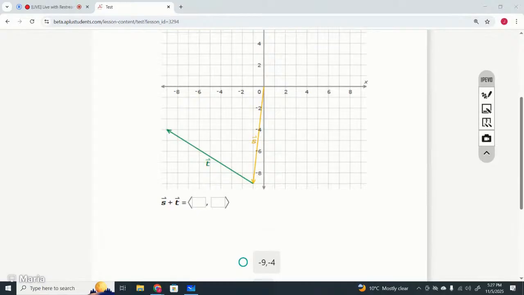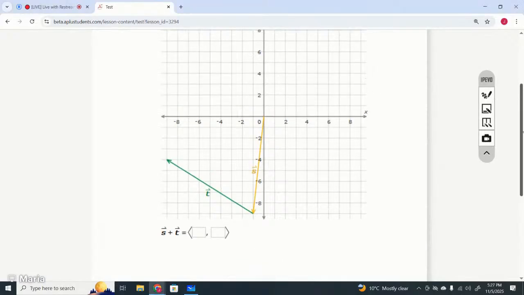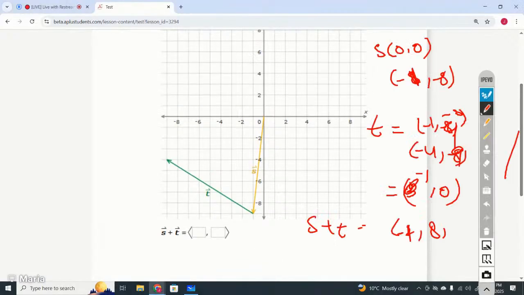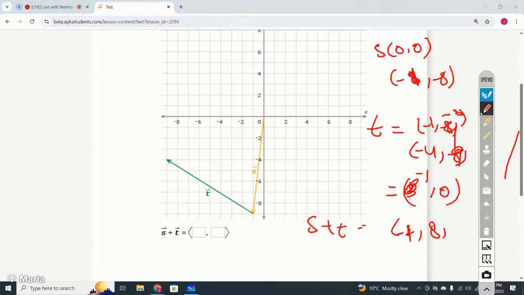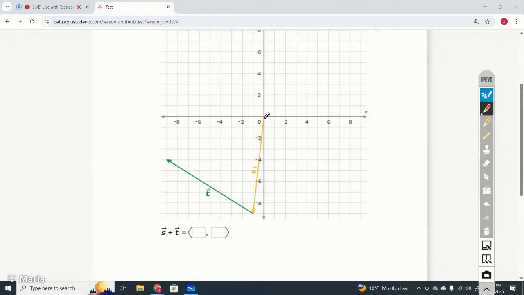Let's just do the question again. I don't know what I did. Let's just do this question again so that we can find the correct answer. That is for the vector s, that is 0, 0, and the terminal is at negative 1 and negative 9.